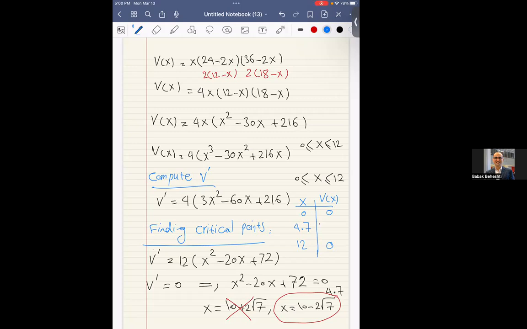It must be something like 1825 inch cube, because we are talking about volume. The unit for the volume is like meter cube or inch cube, depending on the measure for length. Okay. Is that clear, everyone?